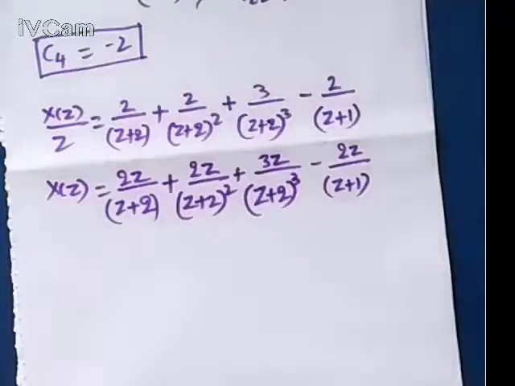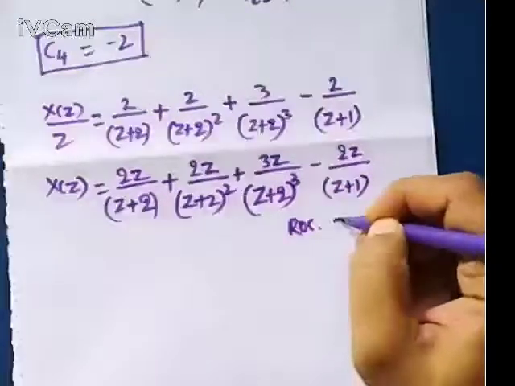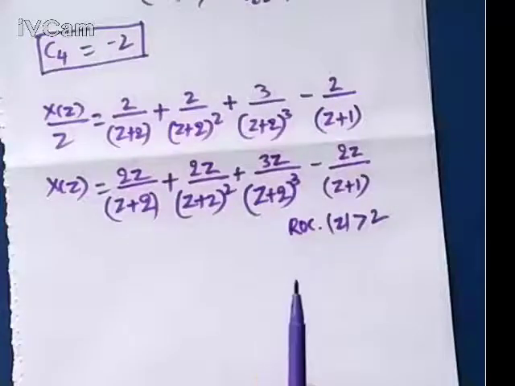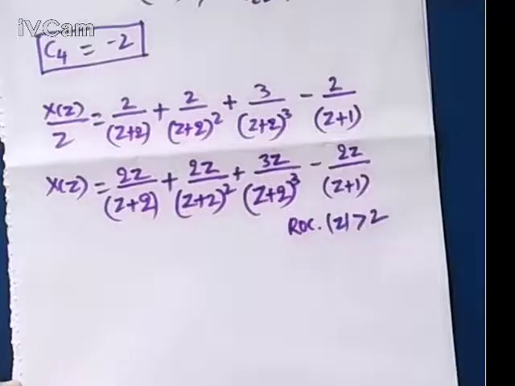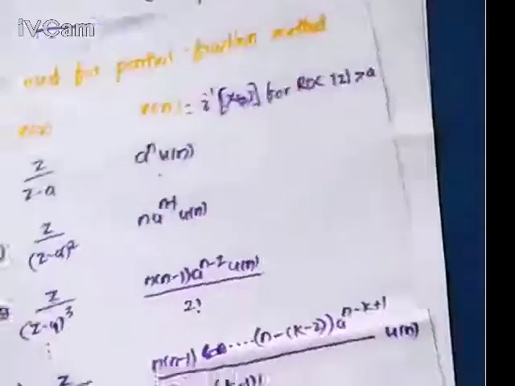Now look into the ROC given. ROC given as mod z is greater than 2. It means whatever the x of n that I will get is the causal sequence. Okay, so उसके हिसाब से मेरा representation क्या होगा? You have to look into the table now. Okay, so whatever the table that I have shown you, one sec, I will get it so that it will help you.